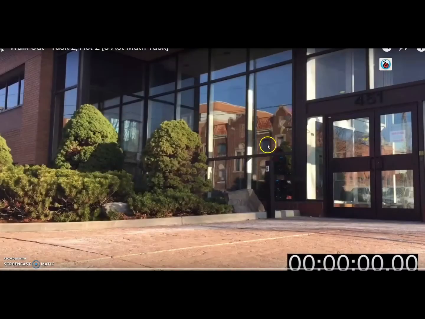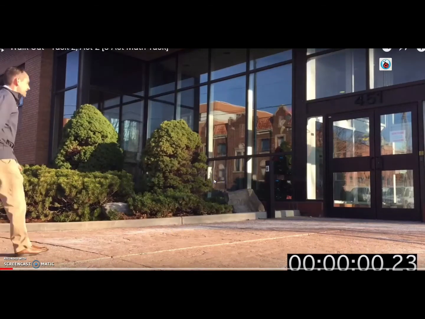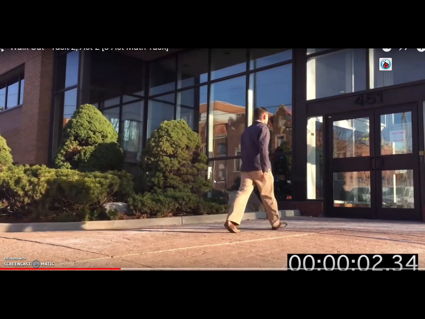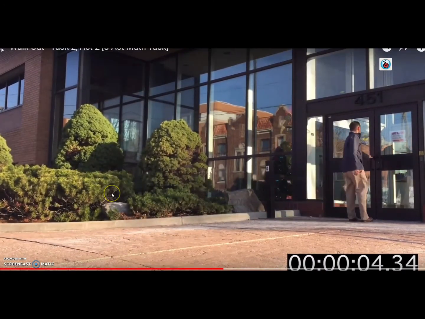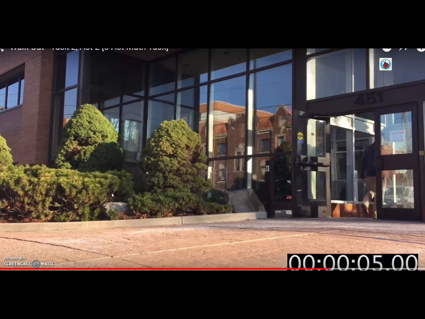Okay, so let's watch this next graph. Our distance is still going to be 25 feet. We're going to keep continuing to graph based off of that distance parameter. And then you'll watch your time down here, and you'll change that axis based on the time that passes. Okay, so what you're going to notice is the man is now walking away from the building towards the building.